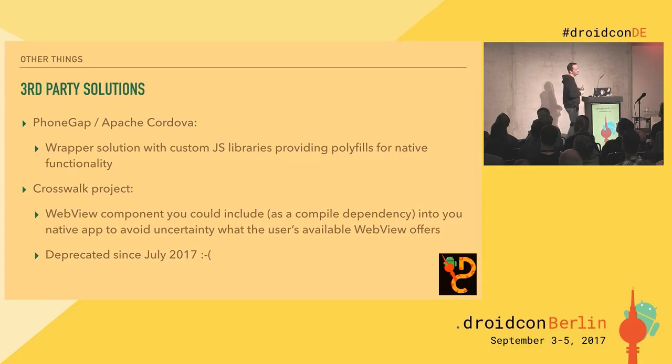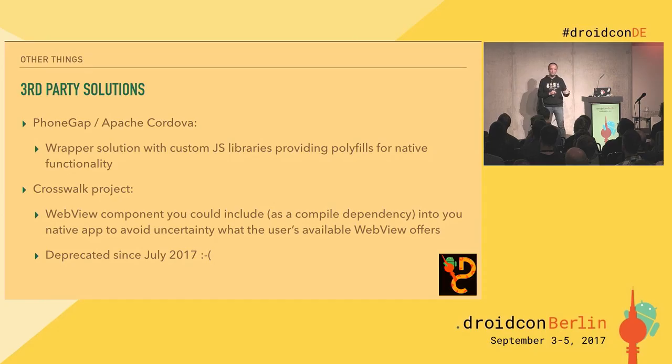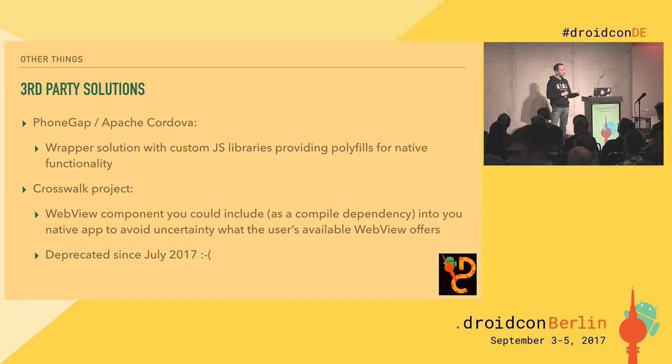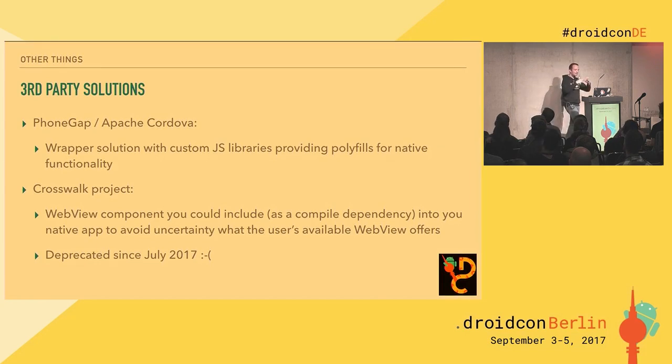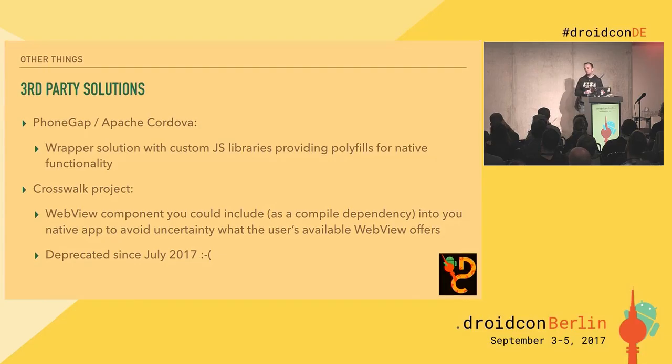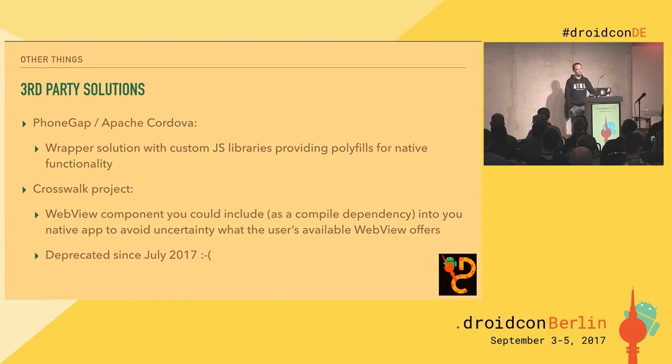It's a WebView component that you can bundle with your app. So instead of relying on what's on the user's phone, you get a library and you can ensure your user has a certain WebView which you know all the features and all the problems with. But they have decided to stop that, so its time is obviously limited.